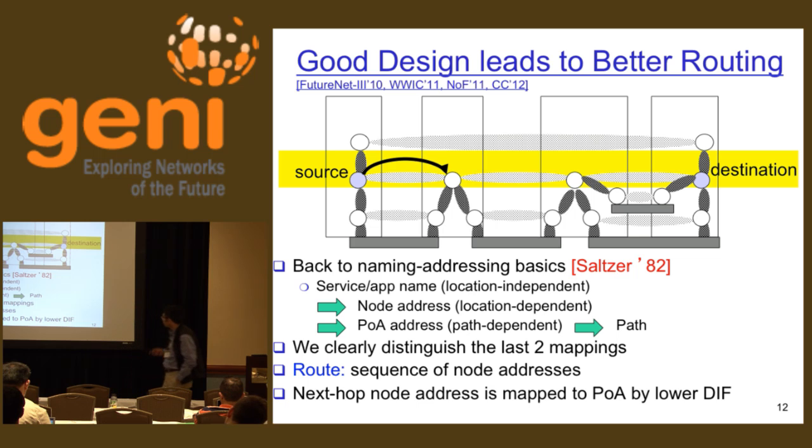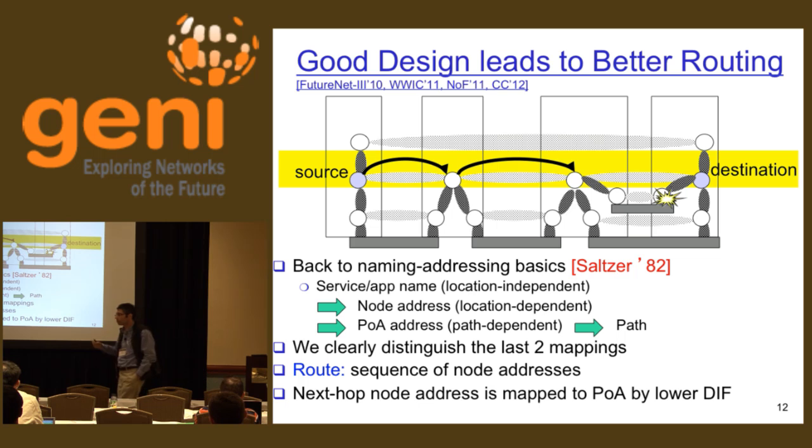In routing, we use node addresses within that communication layer, the DIF layer. So this source IPC process will use that as a next hop to get to the destination process where the application process is, right? At each step, we are using the services of the underlying DIF layer to go to the next hop, recursively.